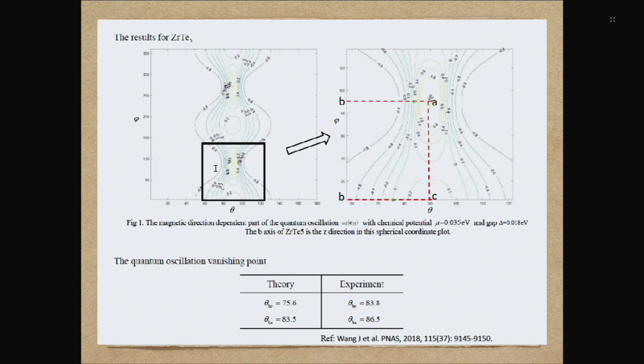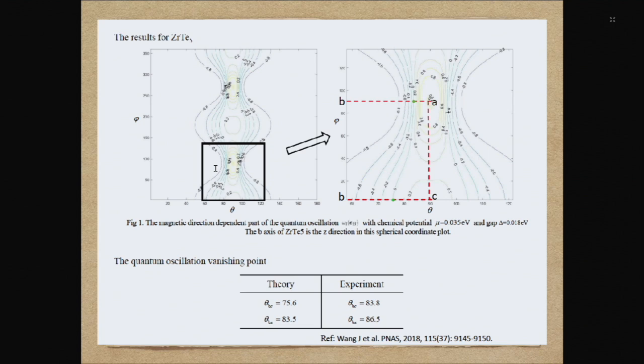We predict two angles. One is if the magnetic field is within the BC plane, our theoretical prediction of the spin zero angle is about 75.6 degrees, which is quite consistent with the experimental result of about 83 degrees.